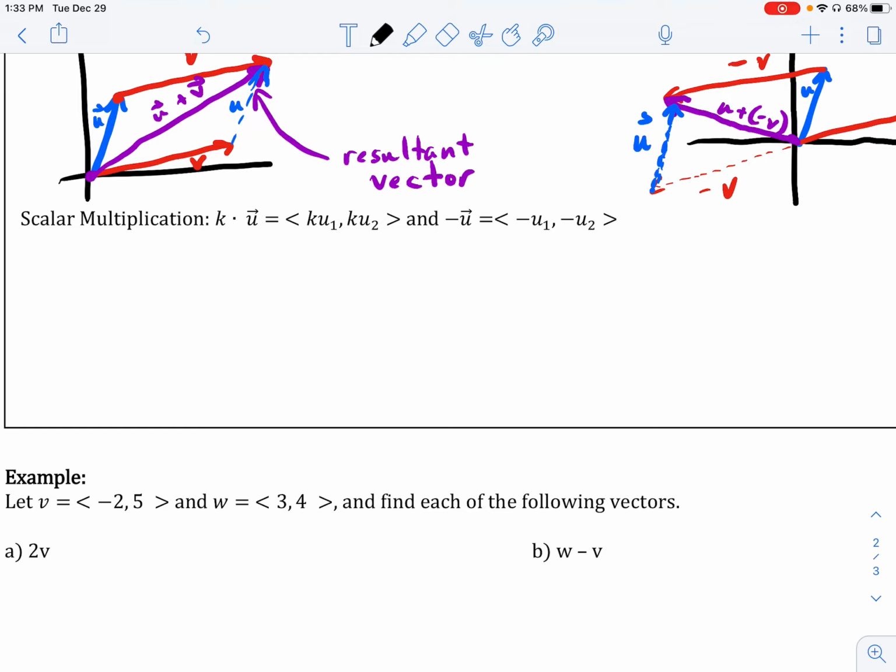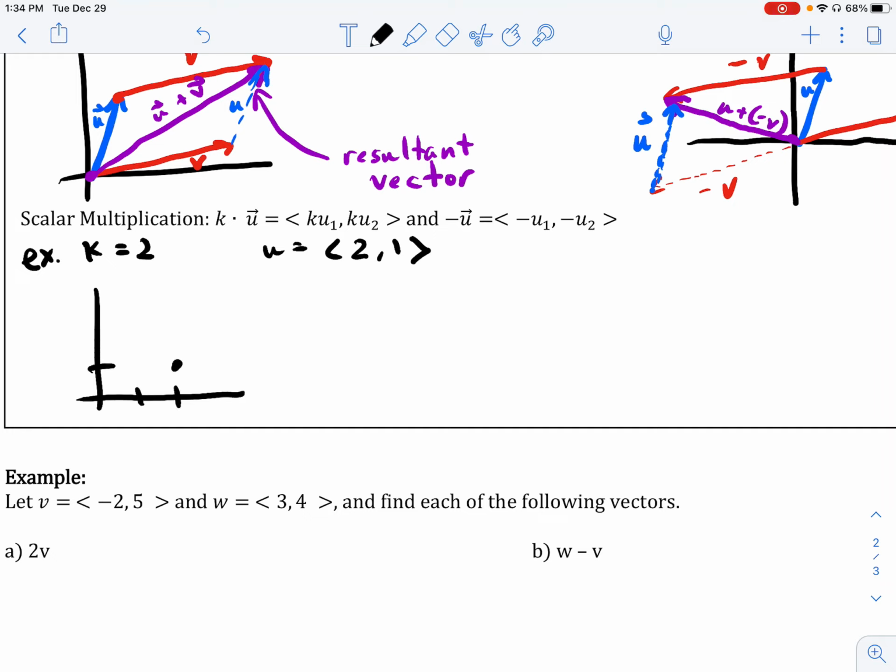So if k is some scalar, let's say, for example, k were equal to 2. Let me just do an example. Suppose you had some vector u equal to 2, 1. So vector u is 2, 1, for example.